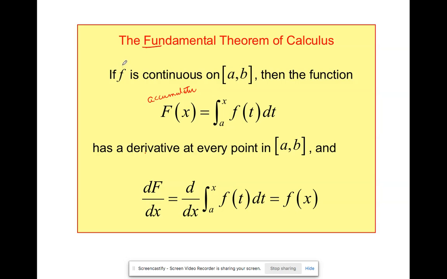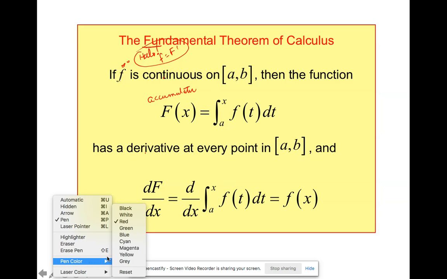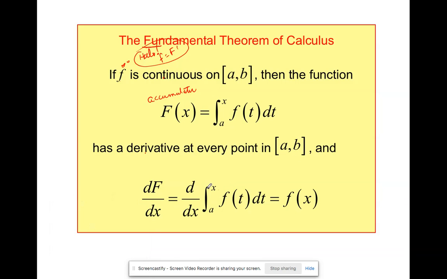Remember, little f is the derivative of capital F. And if little f is continuous, it means that capital F has a derivative at every point on that interval. And then further, derivatives and antiderivatives undo one another.